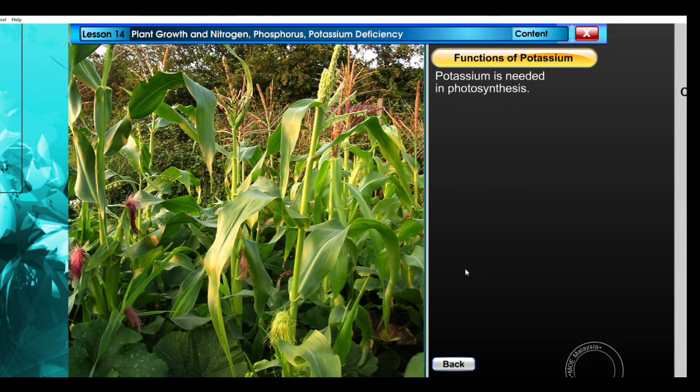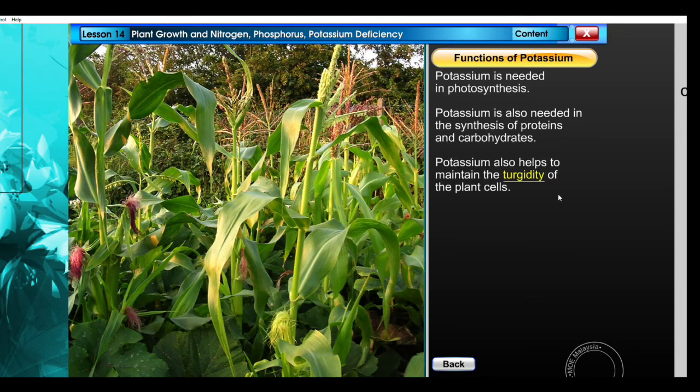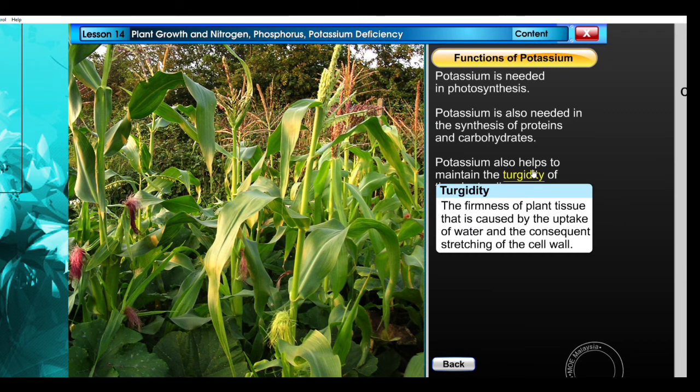Potassium is needed in photosynthesis. Potassium is also needed in the synthesis of proteins and carbohydrates. Potassium also helps to maintain the turgidity of the plant cells.